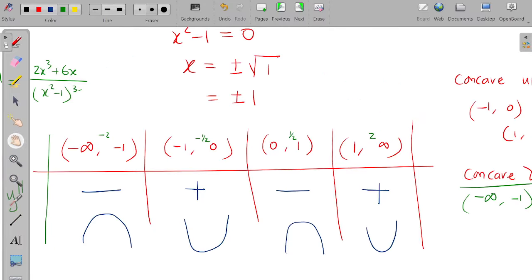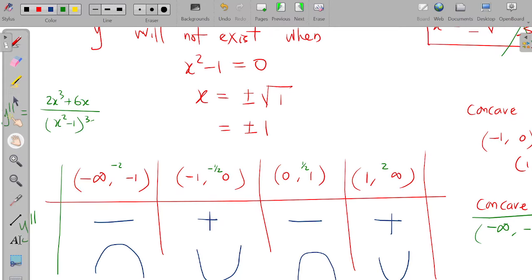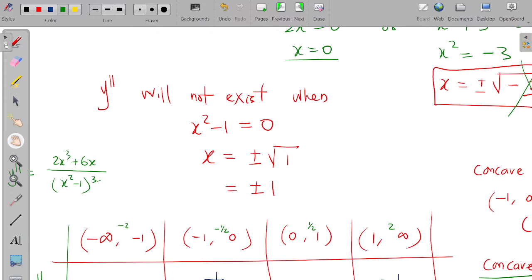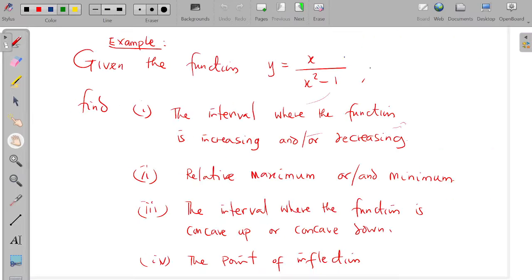Now the point of inflection. Of course, concavity changes here, but don't forget negative 1 is not part of the domain of the function. The function that was given to us previously, yes, this function, x is not equal to plus or minus 1 in this function.